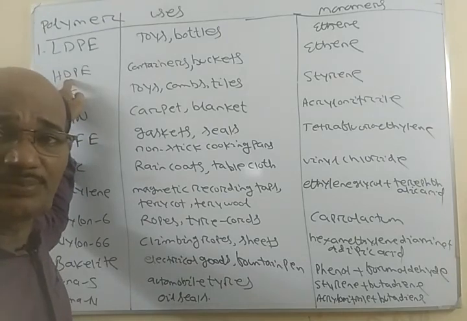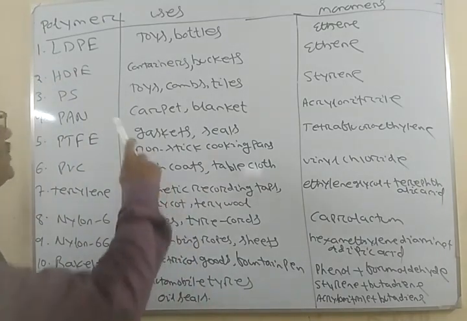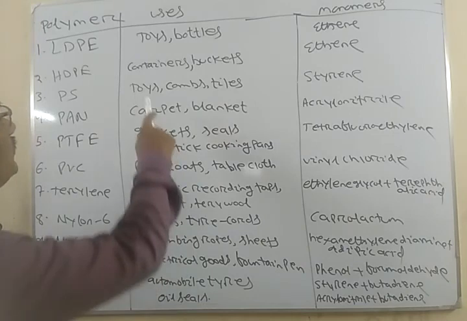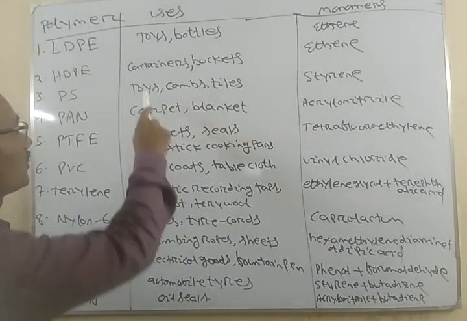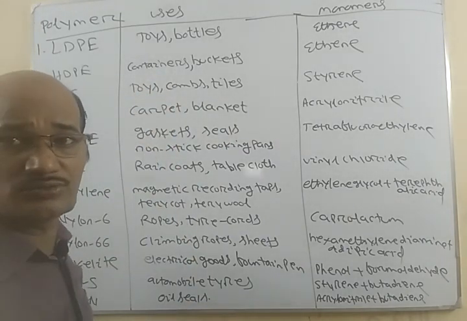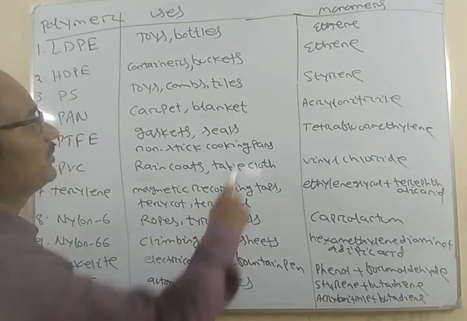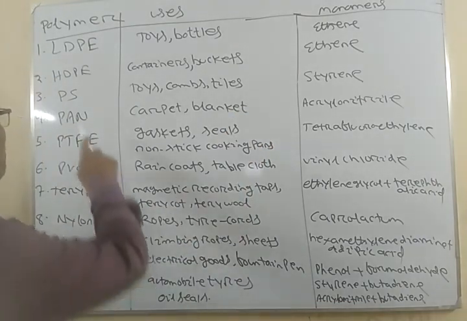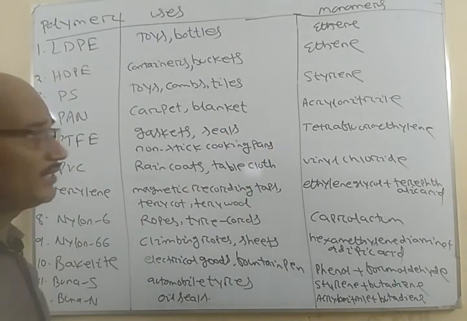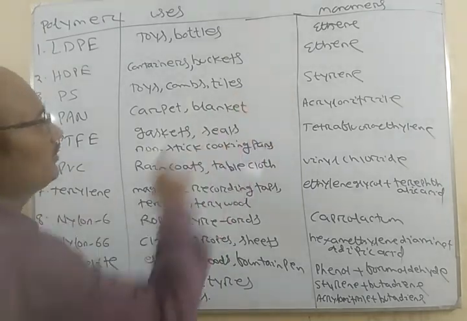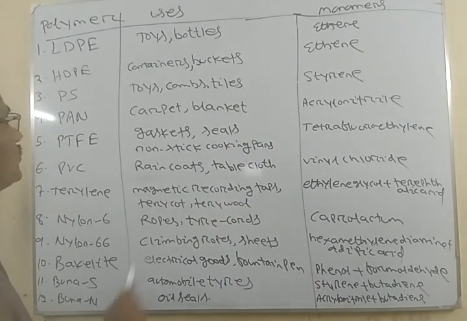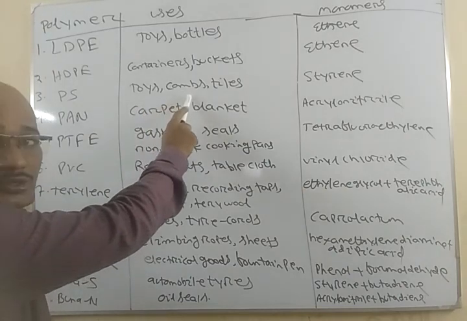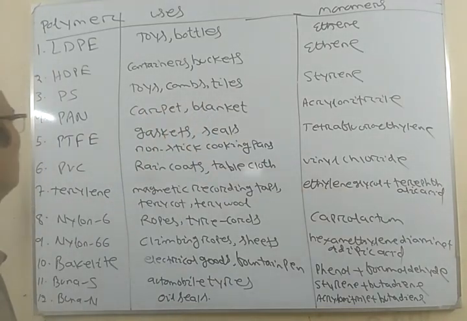HDPE, high density polyethylene, is used to prepare containers and buckets, and the monomer is ethene. Similarly, PS, polystyrene, the monomer is styrene, used for making toys, foams and tiles.